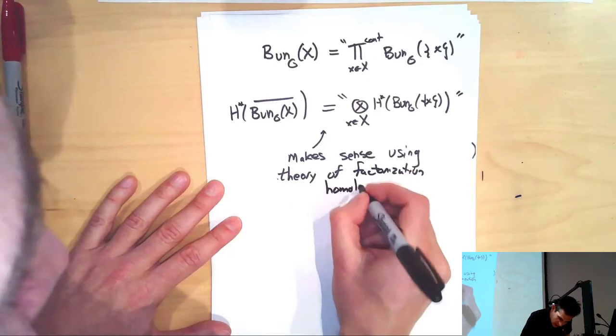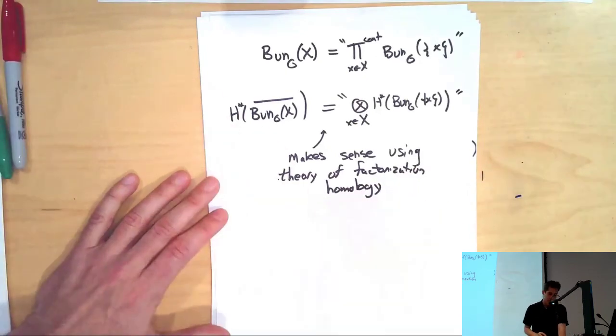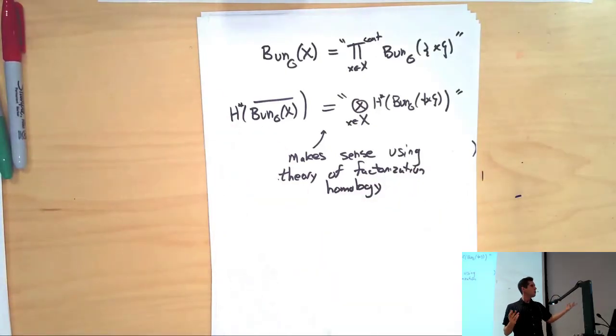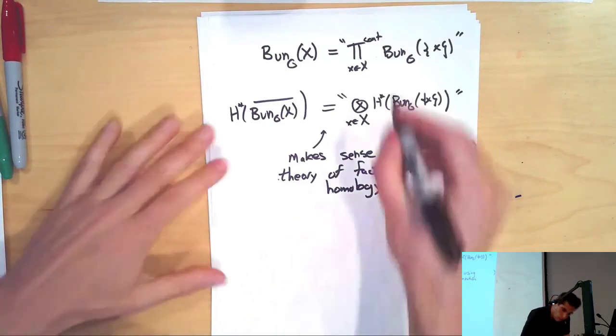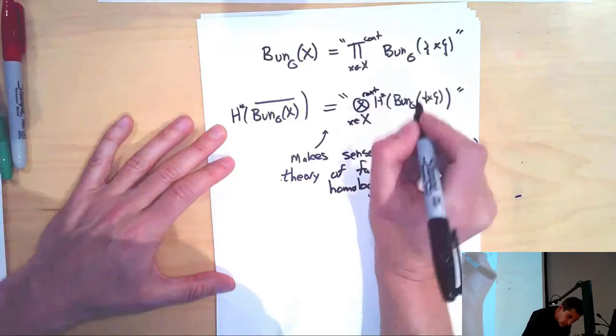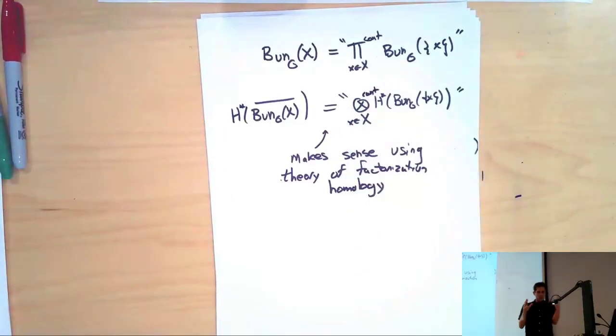Well, what do I mean by that? Well, the left-hand side is something that's well-defined if you know about L-adic cohomology on stacks. And the right-hand side is something that's in quotation marks. It should be some kind of continuous tensor product of L-adic cohomology groups indexed by an algebraic variety.